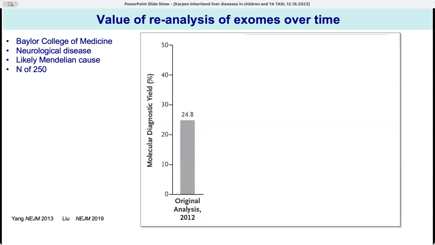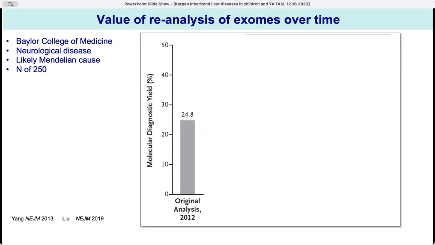And I'm going to give you a quick example, which I think is quite relevant from the adult world, from Baylor, that has done a lot of exome sequencing of patients, where they looked at patients with neurologic disease. So this is a well-characterized group that they thought had a Mendelian cause, about 250. In 2012, they did exome sequencing and made a diagnosis in almost 25%.